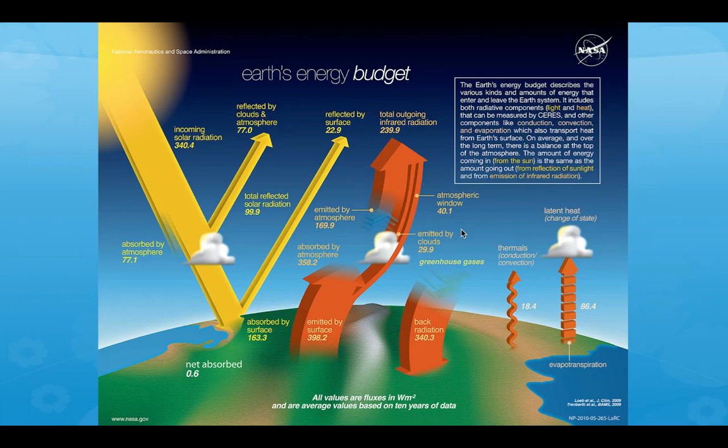On average, and over the long term, there is a balance at the top of the atmosphere. The amount of energy coming in from the sun is the same as the amount going out from the reflections of sunlight and from the emission of infrared radiation. Now, everything is in balance in a normal system, but sometimes a system isn't normal and the balance can be thrown off.